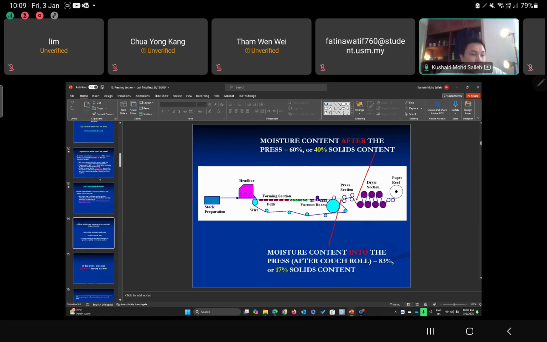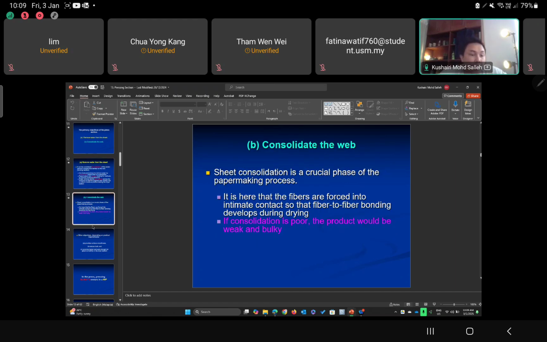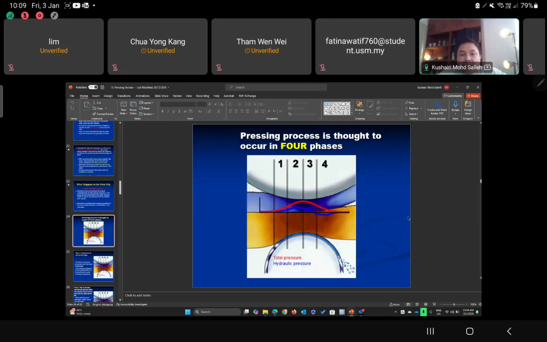There are two primary objectives of the press section: to remove water and to consolidate the web. When they consolidate the web, it allows good runnability in the drying section. The most important part in the pressing section, you need to remember, is the four phases that happen between the two rolls.